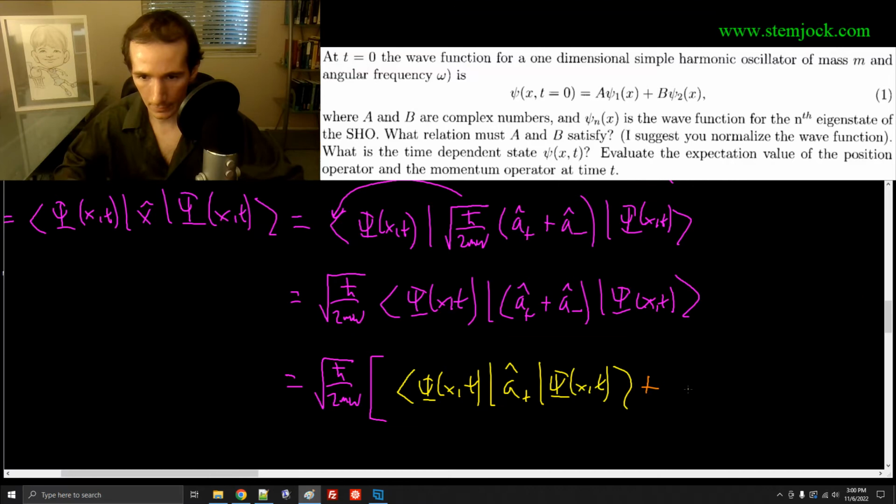And now the second term, bra psi(x,t), a_minus, ket psi(x,t), and close bracket.